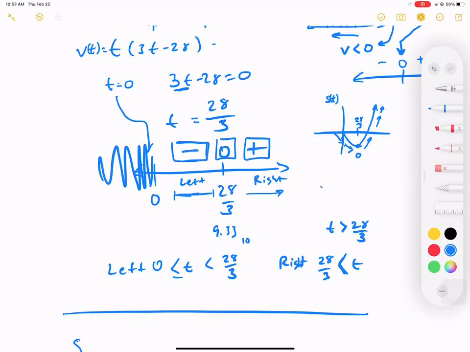On the particle, let's say this is at 0. I went backwards first, and then I stopped going backwards, and I turned around going forward. So I started with a negative velocity, I stopped, and then I went with a positive velocity from where I left off.